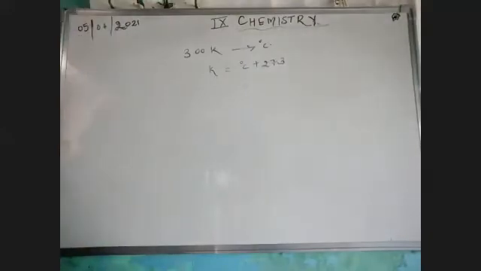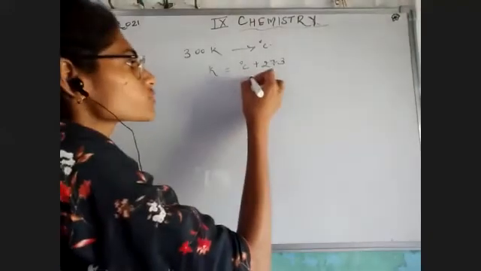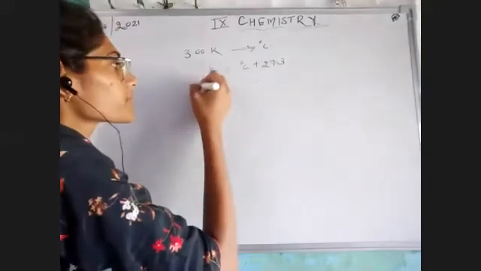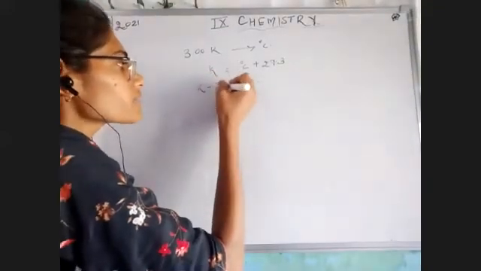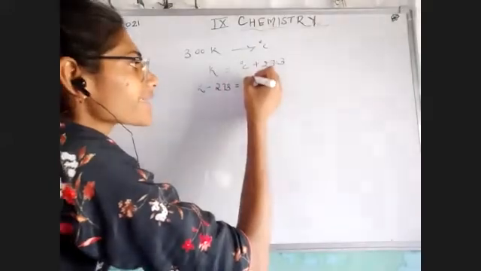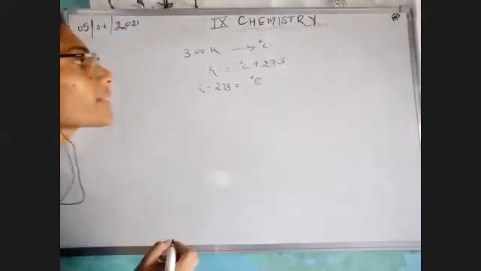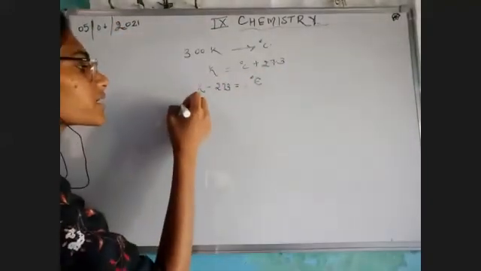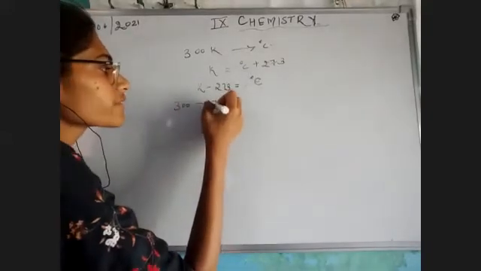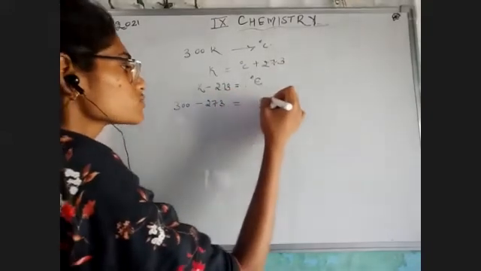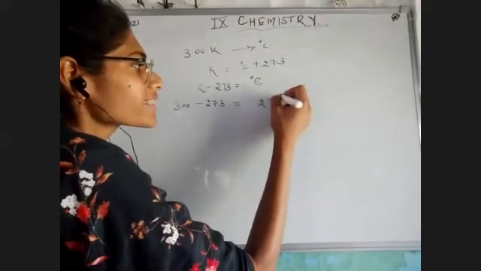So this is as simple. If we need to calculate degrees Celsius, the 273, which is positive, would become negative. So 300 Kelvin minus 273 equals 27.